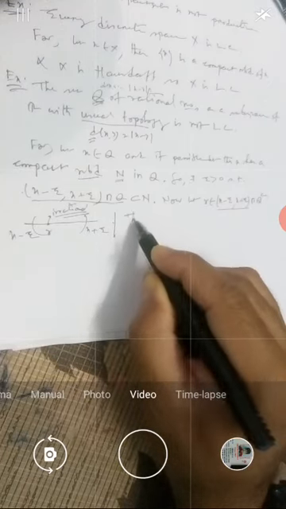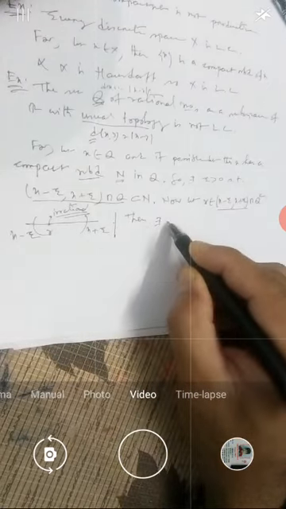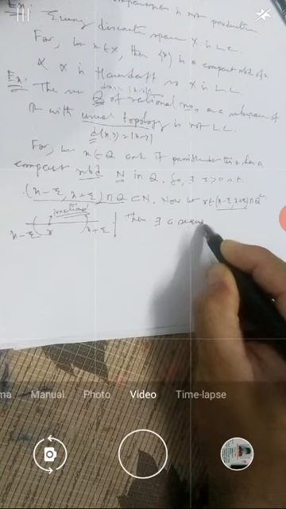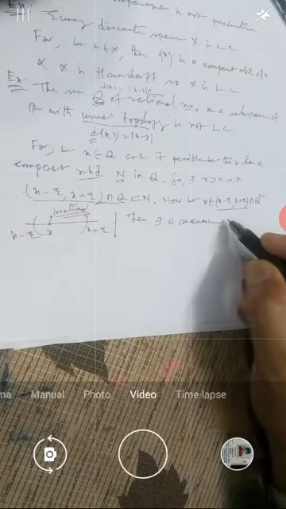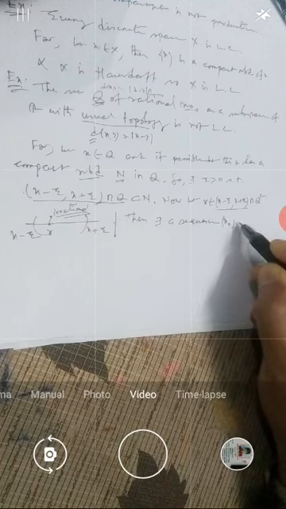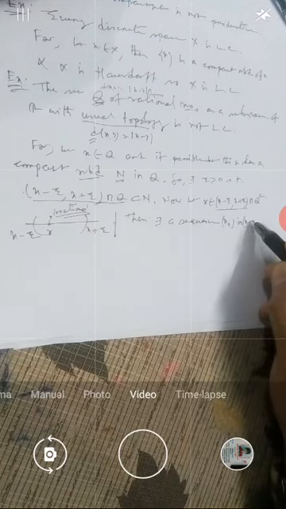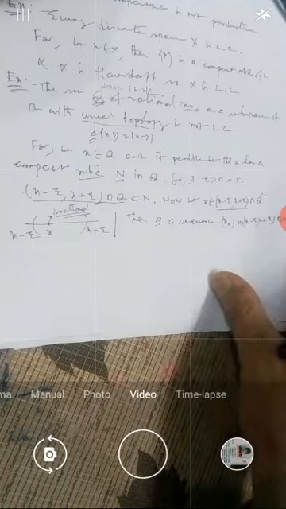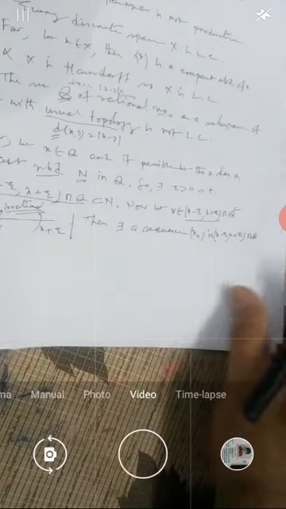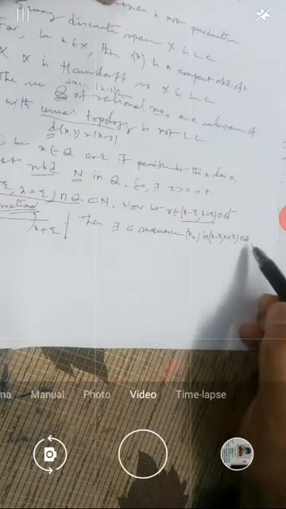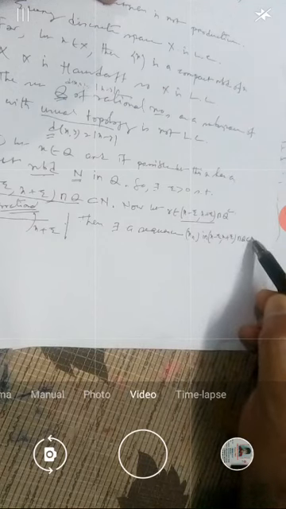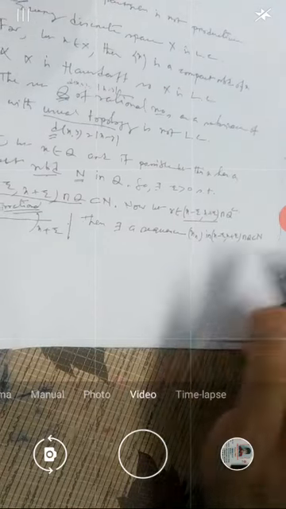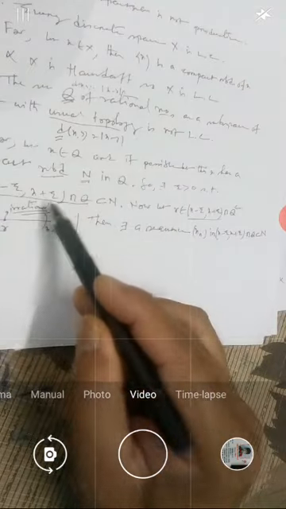So then there exists a sequence xn in this (x minus epsilon, x plus epsilon) intersection Q, which is contained in N, this.